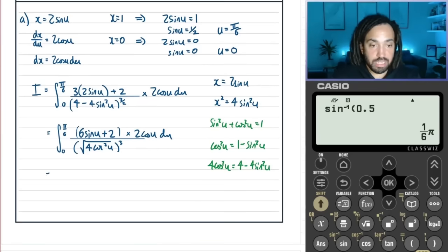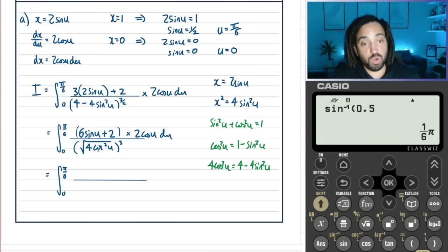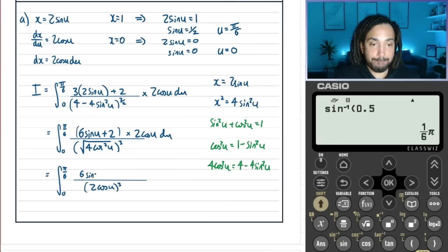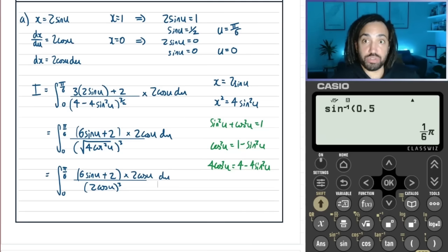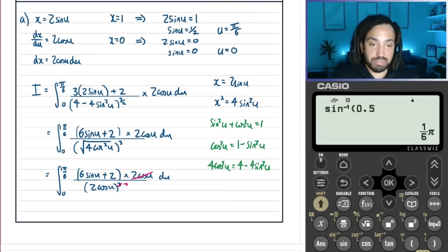Okay, great. So now we can just do a little bit more simplifying. On the denominator, when we square root 4 cos squared u, that gives us 2 cos u, and then we need to cube that. I'm not going to multiply this out because I can see here that the 2 cos u is going to cancel with one of the 2 cos u's on the bottom. So that's going to go, and that's going to decrease that power down to a 2.